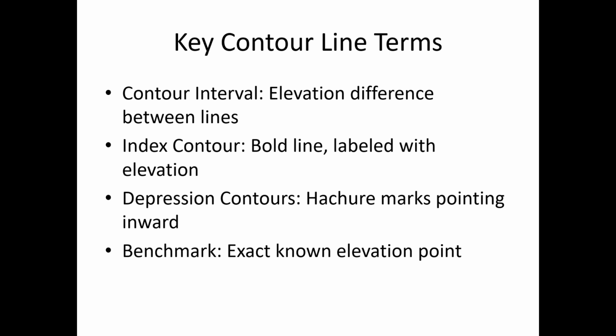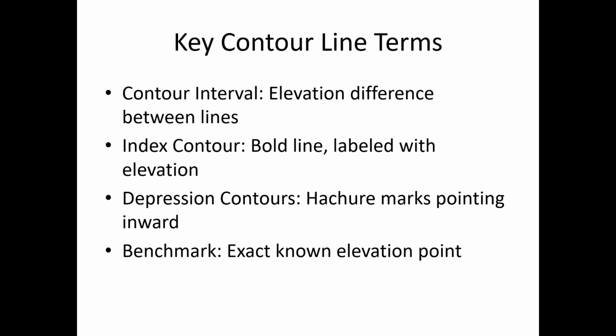So, some key terms. The first key term you're going to hear a lot is contour interval, and this is the difference between two contour lines. Often you'll get a question like, "Hey, what is the contour interval of this map?" In further videos, I'll teach you how to look at a map and figure out the contour interval.